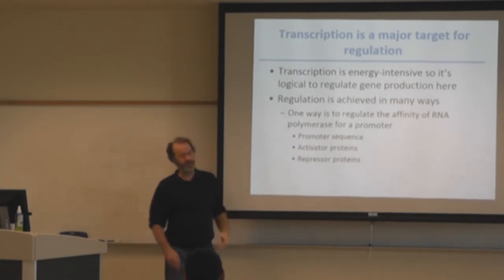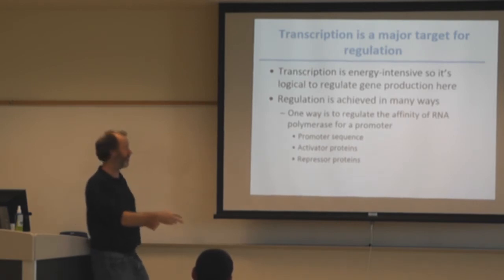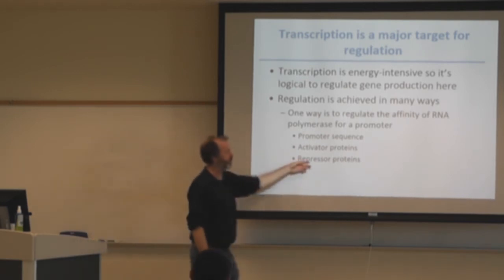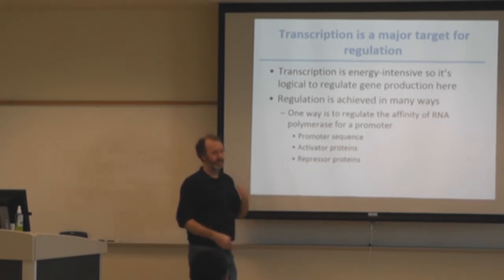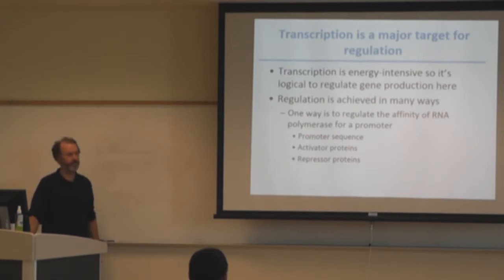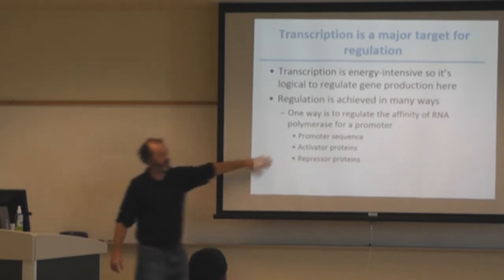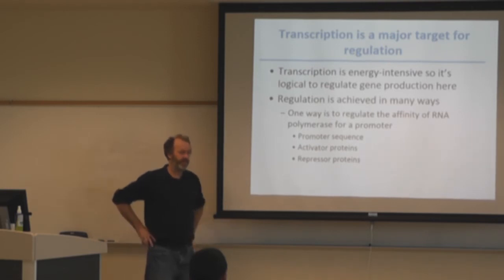There's activator proteins that will help recruit RNA polymerase to that promoter. And there will be repressor proteins that block RNA polymerase from the promoter site also. And we'll see, I think, in one of the last chapters how it's regulated. You guys learned about the lac operon before?